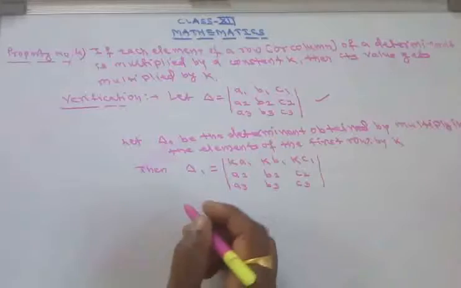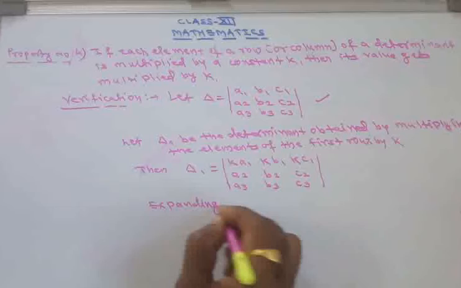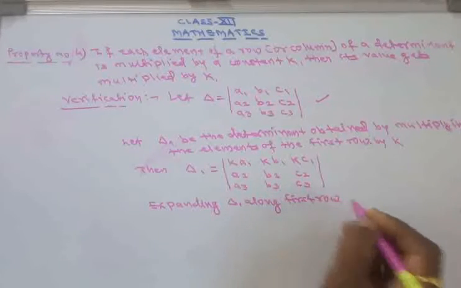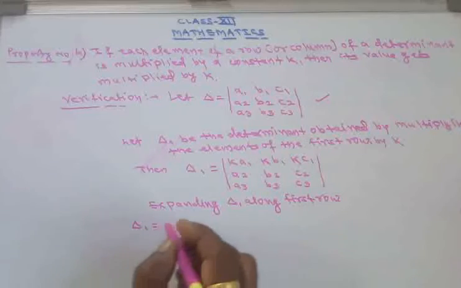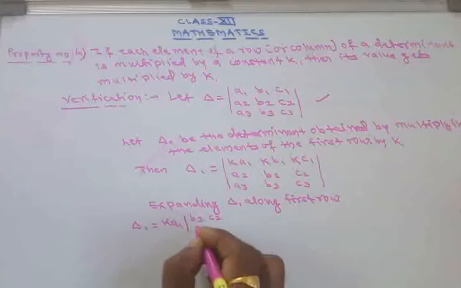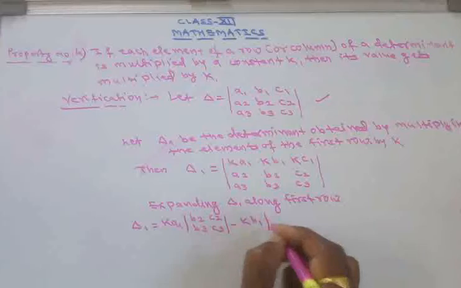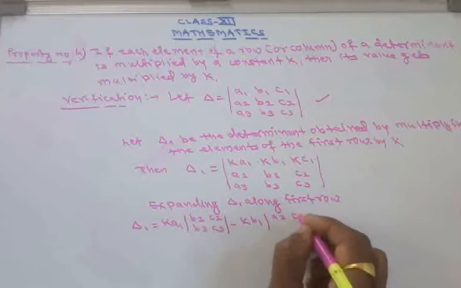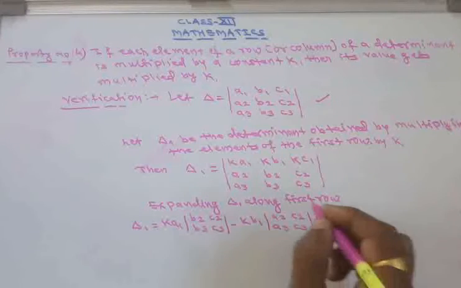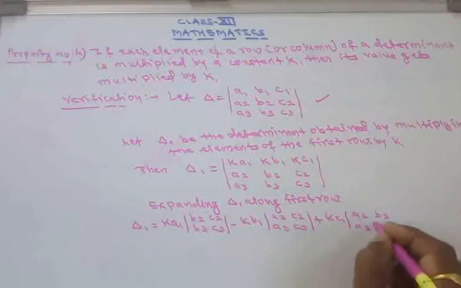See what happens. Expanding delta 1 along the first row: delta 1 equals k into a1 into the determinant b2 c2, b3 c3, minus k into b1 into the determinant a2 c2, a3 c3, plus k into c1 multiplied by the determinant a2 b2, a3 b3.